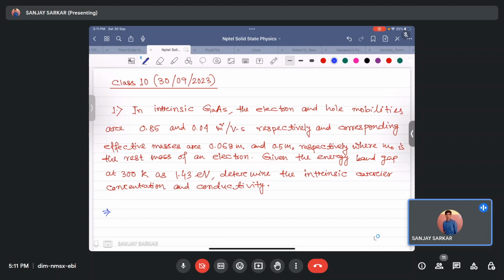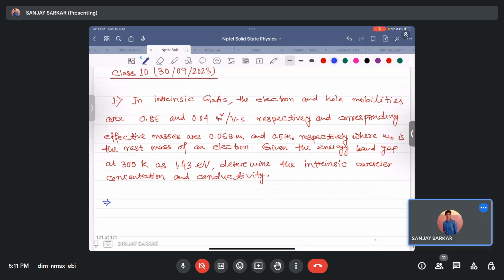In intrinsic gallium arsenide, the electron and hole mobilities are 0.85 and 0.04 meters square per volt second respectively, and corresponding effective masses are, so these are the masses of electron and hole, where m naught is the rest mass of an electron. So given the energy band gap at 300 Kelvin as 1.43 electron volt, determine the intrinsic carrier concentration and conductivity. So first I will write what is given in the question.